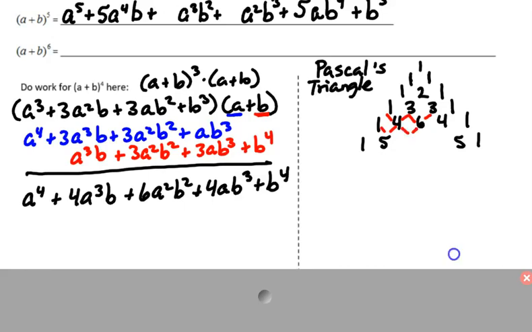So 4 plus 6 is 10. So this is a 10, and this is also a 10. If I wanted to add another row, the next row would be 1, 6, 5 plus 10 is 15, 10 plus 10 is 20, 10 plus 5 is 15, 6, 1. And we could keep going with this.